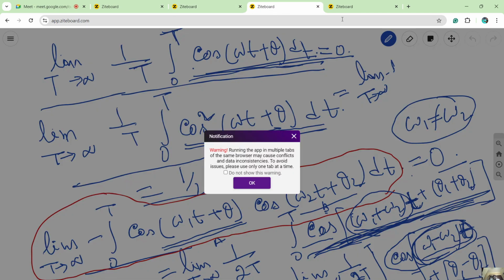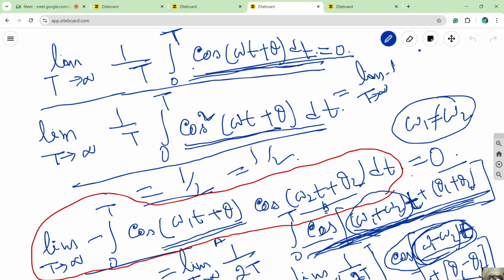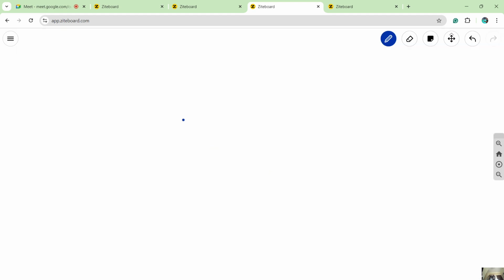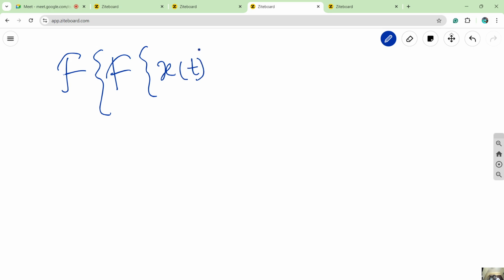So following this, we can use the double Fourier transformation here, like the Fourier transformation of the Fourier transformation of x of t is equal to x of minus t.